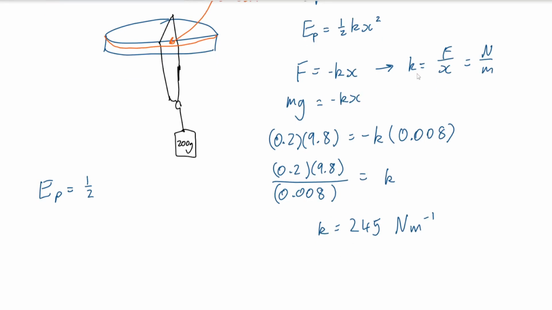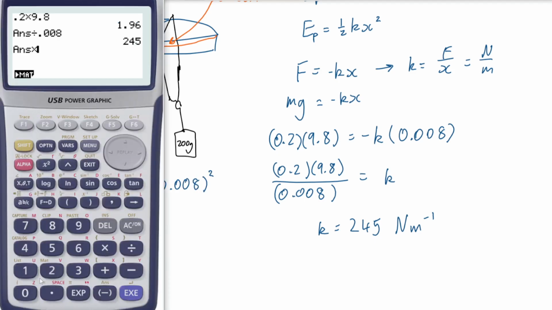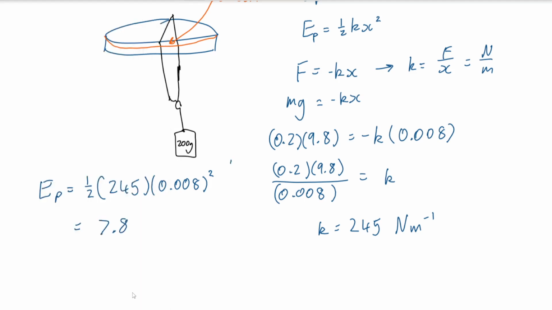So half times K times the distance it's been stretched squared. So timesing by a half, timesing by the distance it has been stretched squared. So 245 times half times 0.008 squared. 7.84 times 10 to the negative 3.